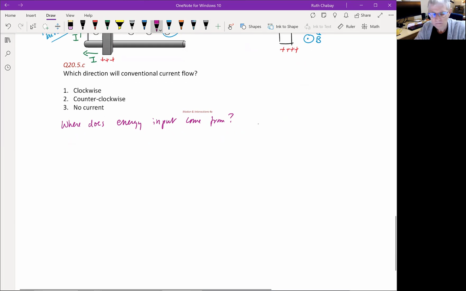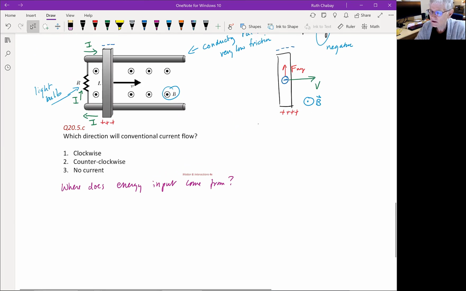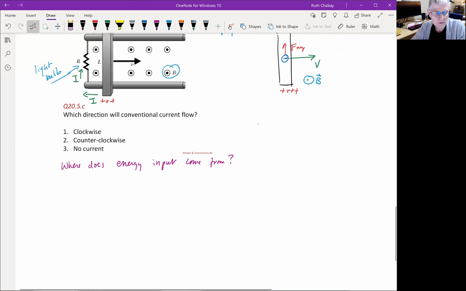Well, the question really is, this bar is moving to the right at constant speed under negligible friction. So in principle, the net force on the bar has to be zero. But is it actually going to glide along forever without us pulling on it, or do we need to pull on the bar?